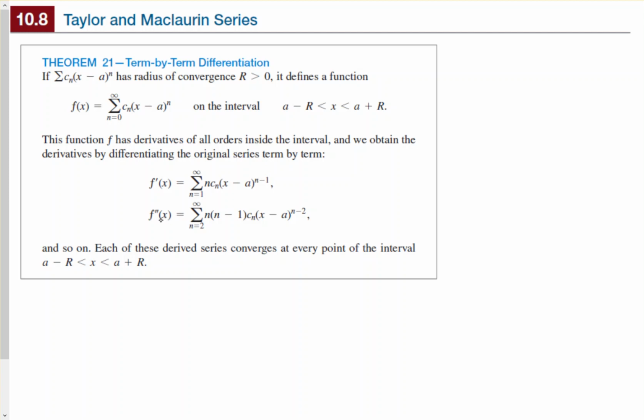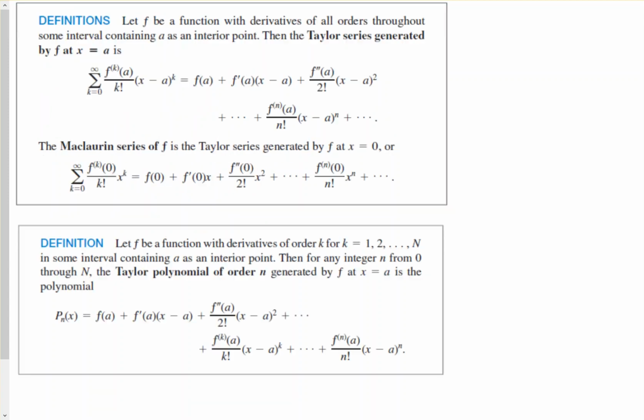The second derivative would take the next iteration of that sequence, so we multiply n minus 1 times n times cn, and then drop the power on the exponent to make n minus 2. So we could express term-by-term differentiation on each of the terms in the power series.